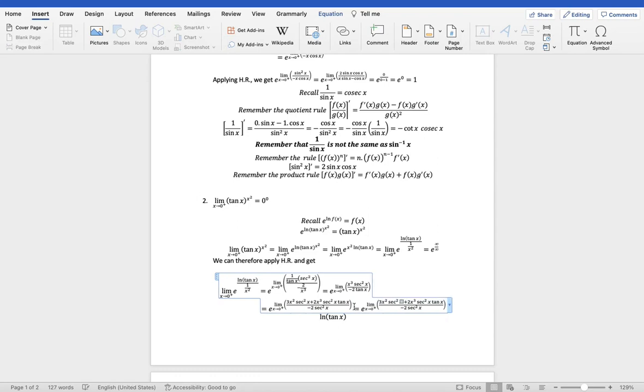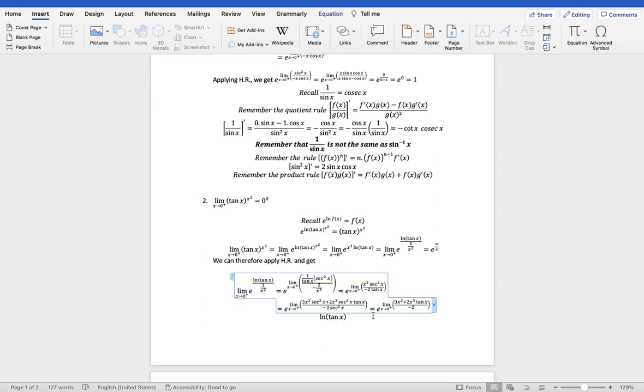So simplifying the sec squared in the numerator, we remove it there. We remove it there. And then what we get is that, okay? And I think that's as far as we get simplified.